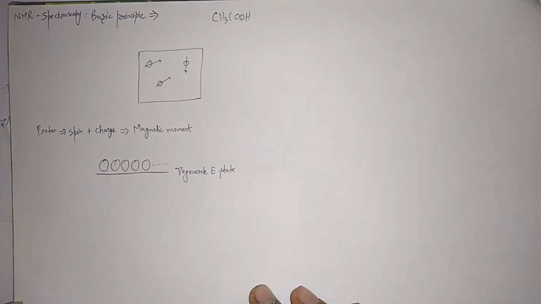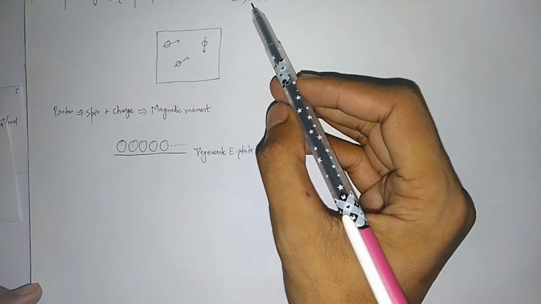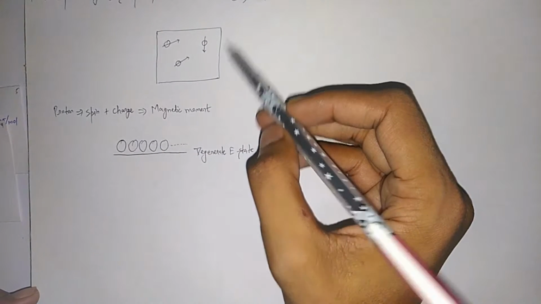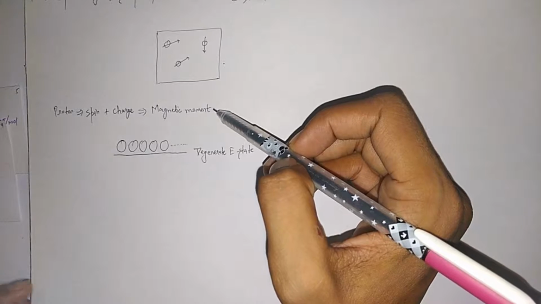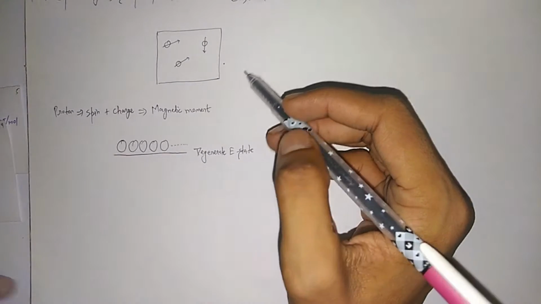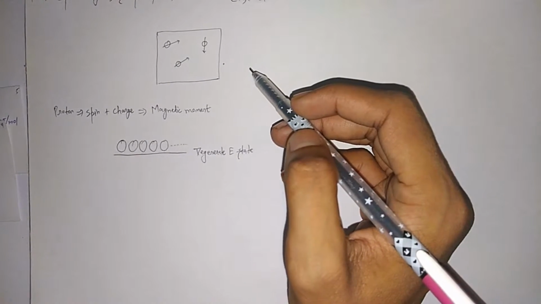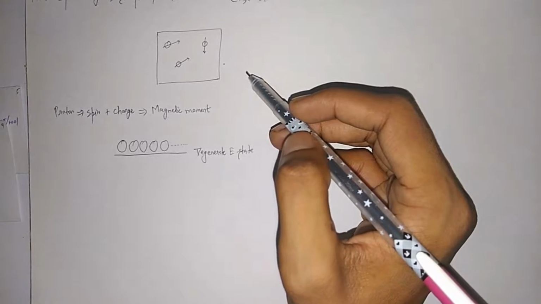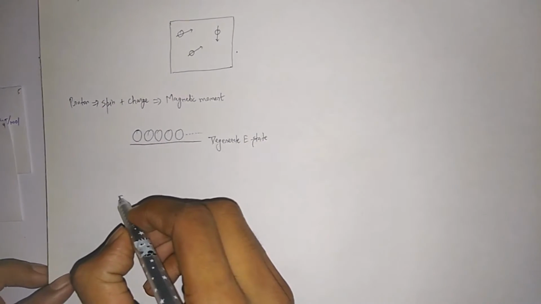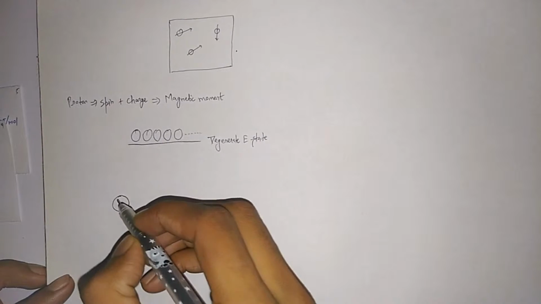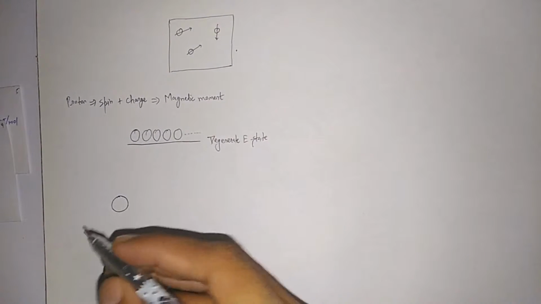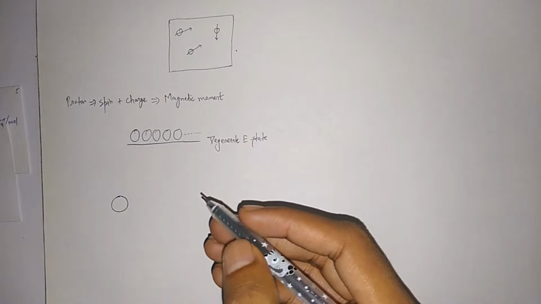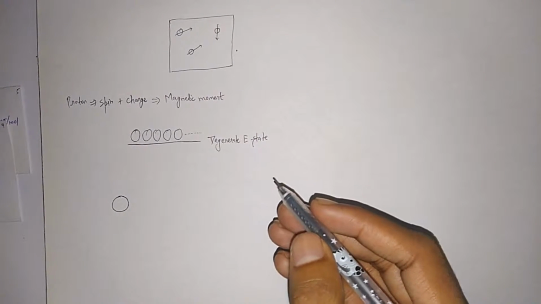Now when our compound is subjected to the external magnetic line of forces, or simply the external magnet, what happens? Our proton starts a wobble precession, like a spinning top, and that is called the Larmor precession.